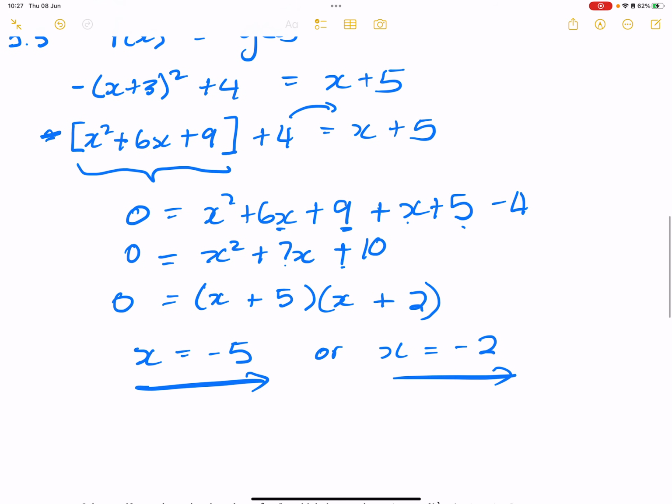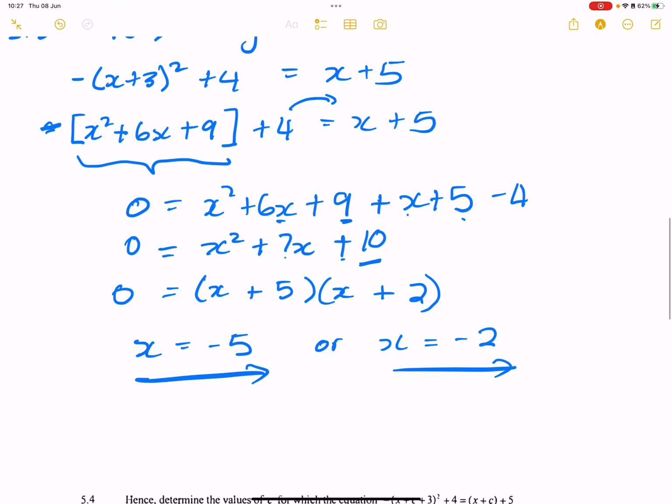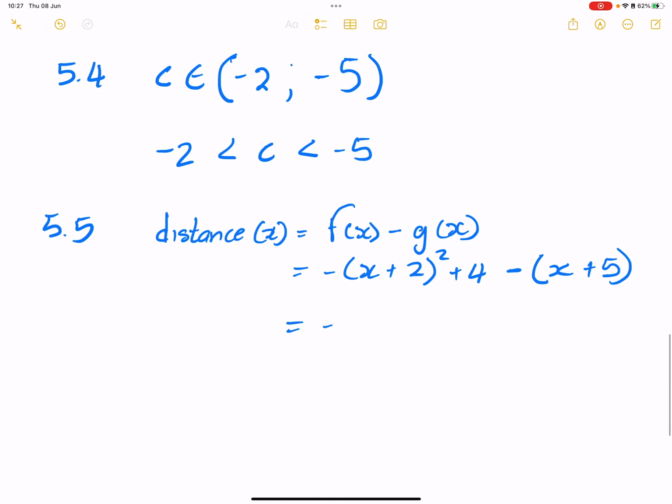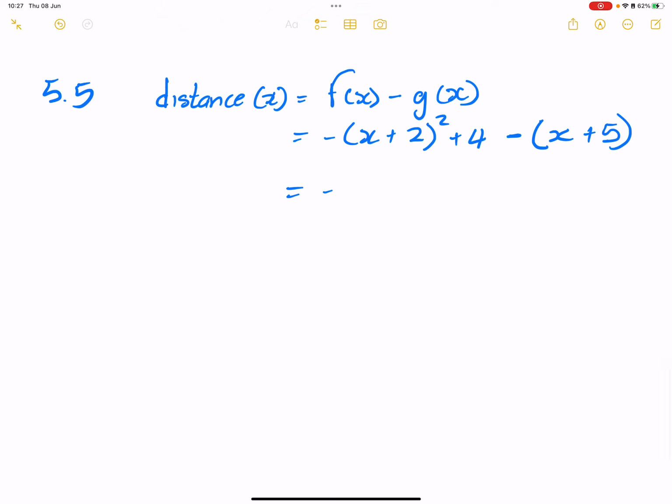Yeah, I think if we work it out, we're going to get exactly that over there. All right, so we've already done so. We said, okay, so that's minus x squared minus 4x minus 4. Okay, all right, so this is going to be plus 4 minus x minus 5.